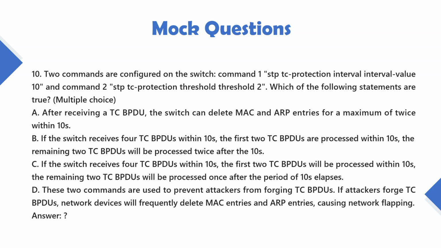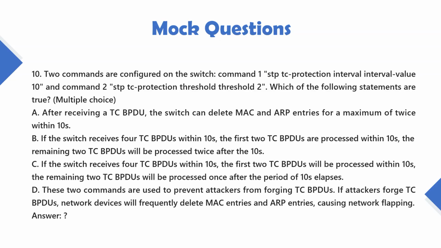10. Two commands are configured on the switch. Command 1, STP-TC protection interval value 10, and Command 2, STP-TC protection threshold 2. Which of the following statements are true? Multiple choice.